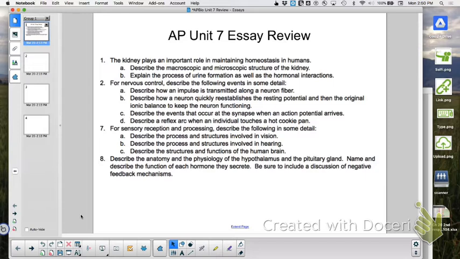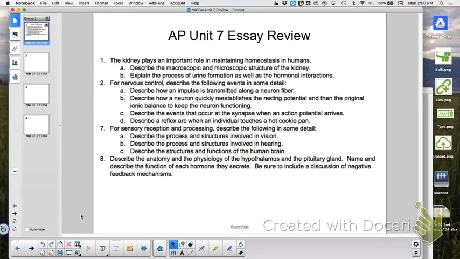And you could mention how this would be an adaptation, right? So that your hand is removed. You don't wait for your brain to process some extreme pain, whether it's hot or cold or damage to tissues, you respond right away. Or an object coming at you. Okay?